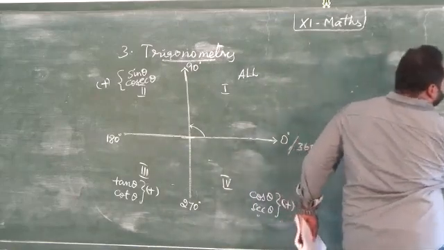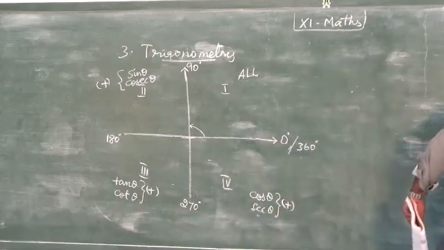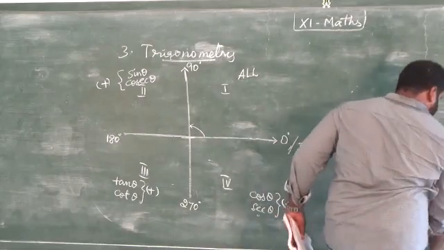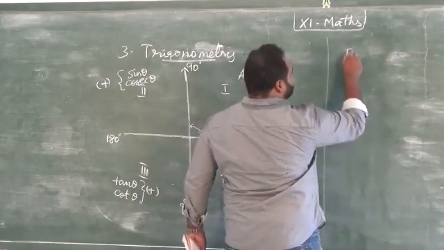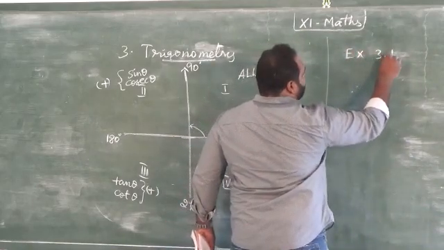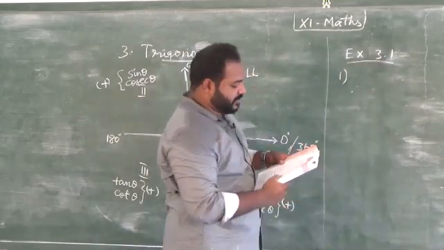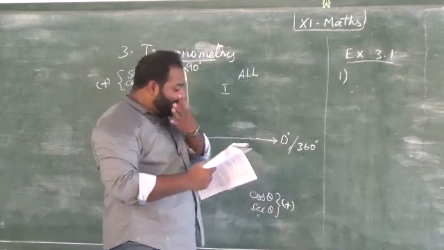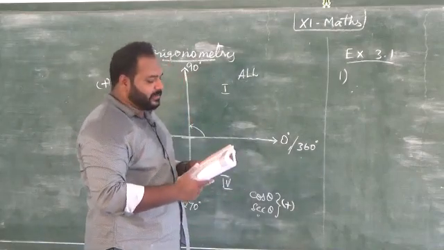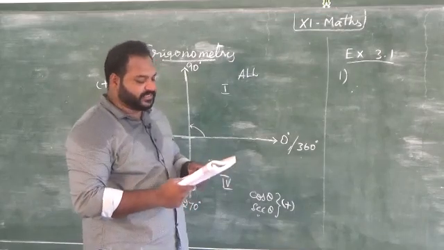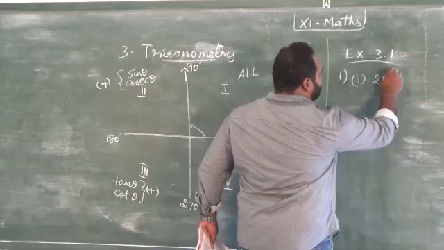Now exercise 3.1. First question, we have 5 subdivisions. Identify the quadrant in which an angle of each given measure lies. Here the first subdivision is 25 degree.